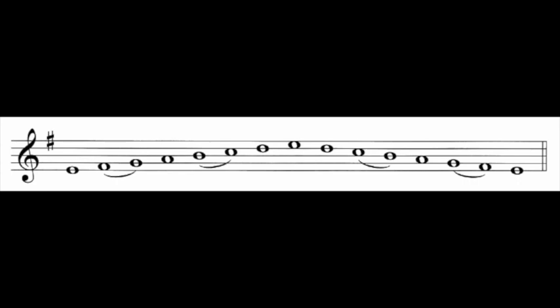In a natural minor scale, there are semitones between notes 2 and 3 and 5 and 6. Remember, in major, they were between 3 and 4 and 7 and 8. At this time, please complete page 42 and the beginning of 43 before continuing on.